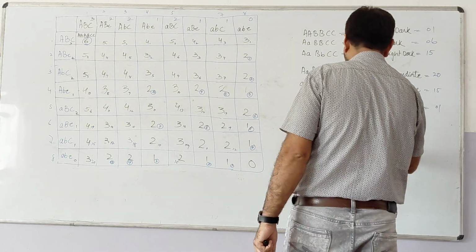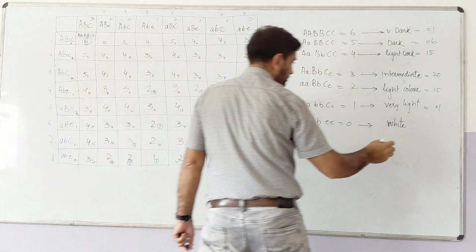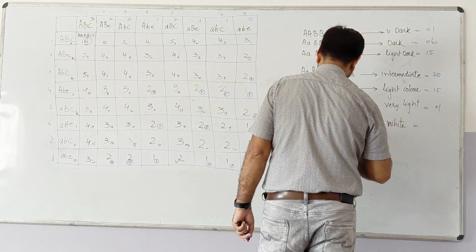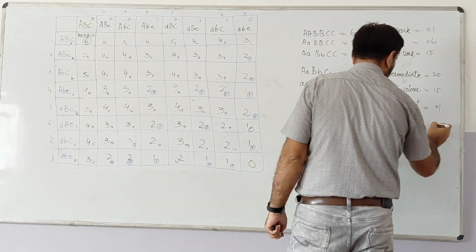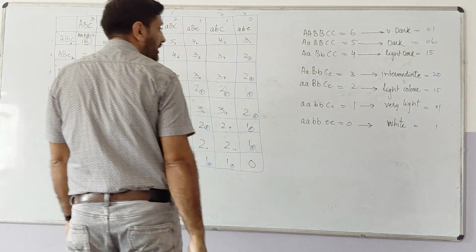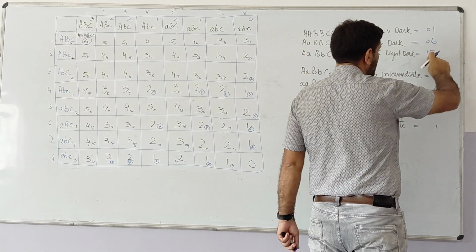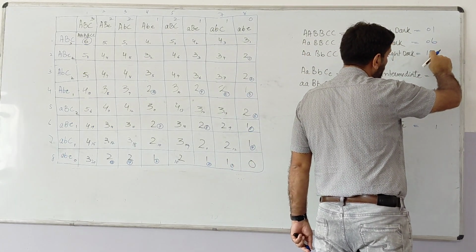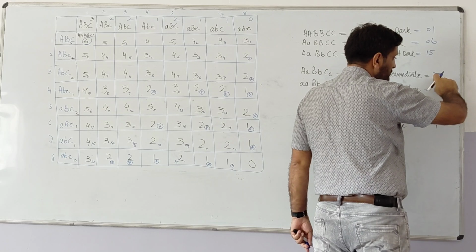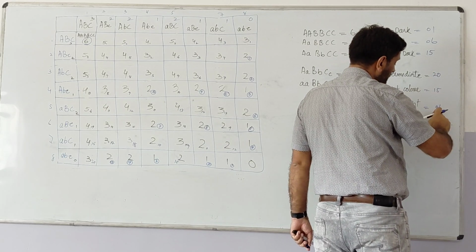And with 0 dominant alleles, it is only 1 here. Is this clear? Now if you count these, 6 plus 1, 7, 7 plus 15, it will be 22. Plus 20, it is 42. 42 plus 15, 57, 63.